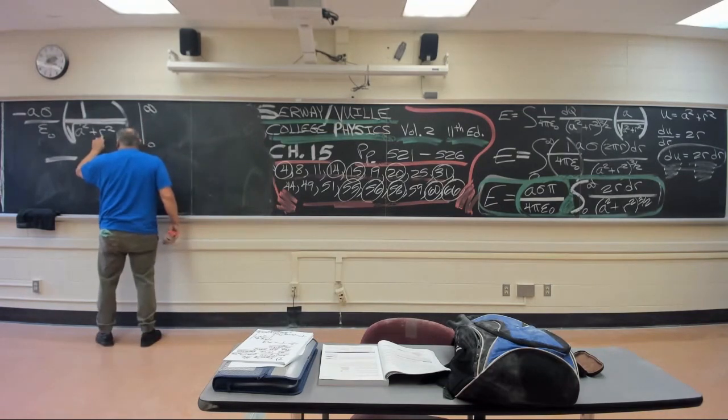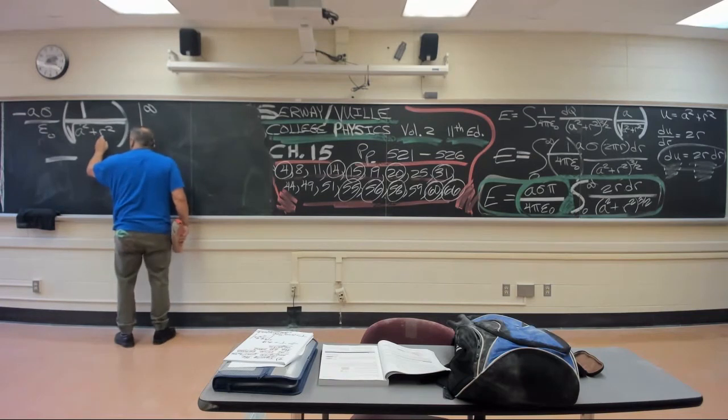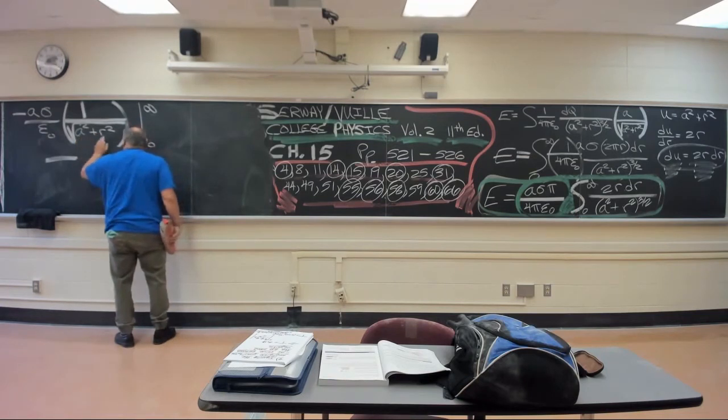If R is something really big, when you square it, it's massive. Something massive plus A squared is, I guess you could say, even more massive. The square root of something really massive is still massive. 1 over a positive number that is massive is very close to 0. I can get it as close to 0 as you want. As you go toward infinity, A squared plus R squared is really huge, and the square root of really huge is still really big.